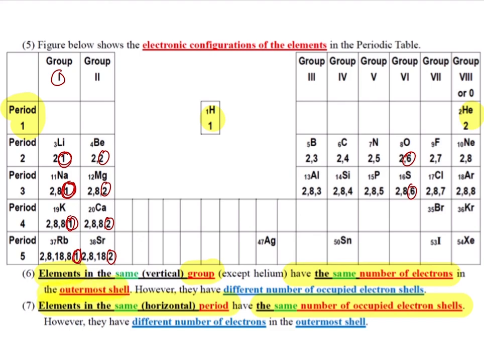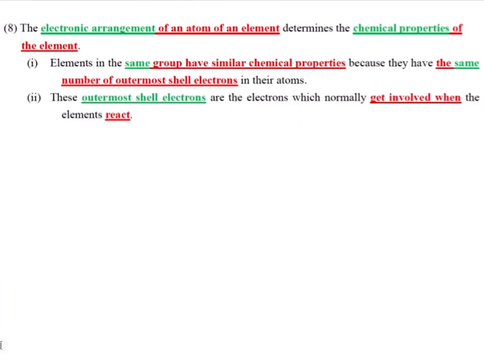Alright? So the electronic arrangement of an atom of an element determines its chemical properties. You need to know that. The chemical properties of an element depend on its electronic arrangement. So if elements are in the same group, they have similar chemical properties.